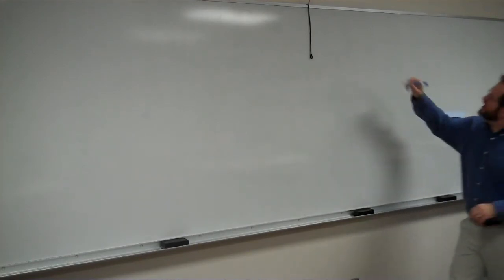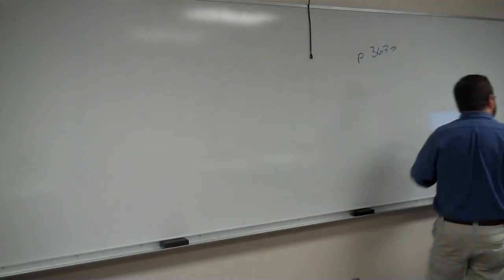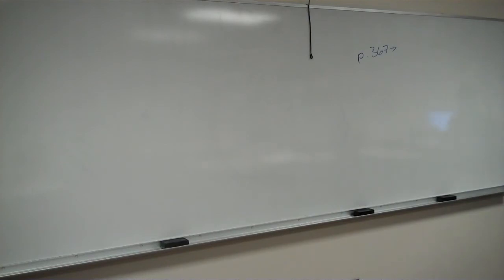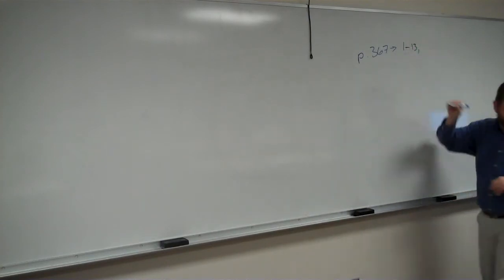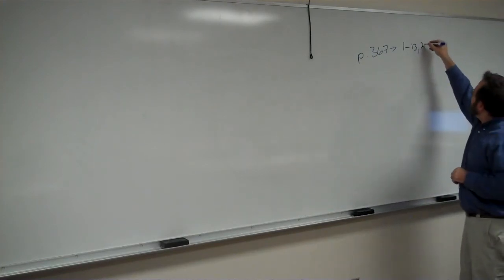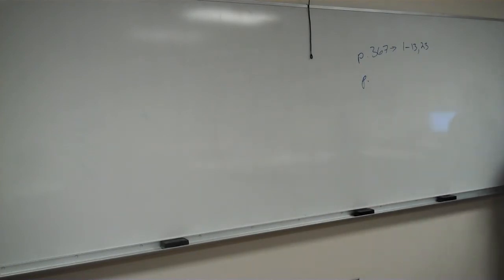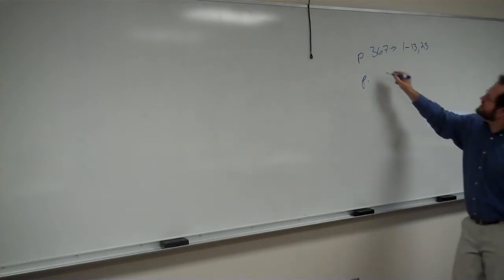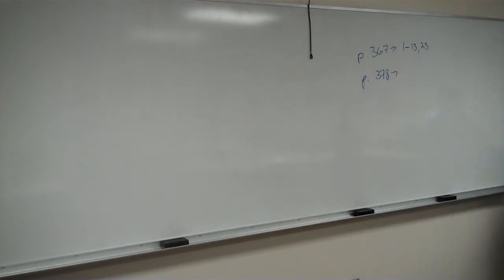Anyway, for the next time, you have problems from 2 different pages because we're doing 2 different sections here. The first one comes from section 8.2, and it's mostly just cranking them out to make you very fluent at how to do combinations. The second one, from section 8.3, is on page 378, problems 1 to 22.